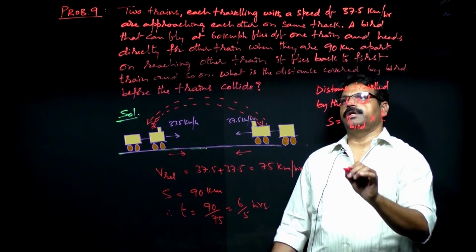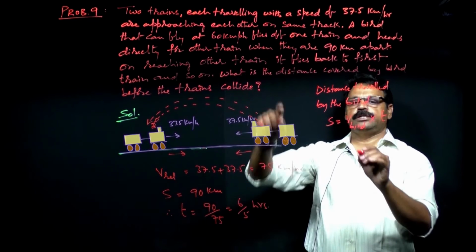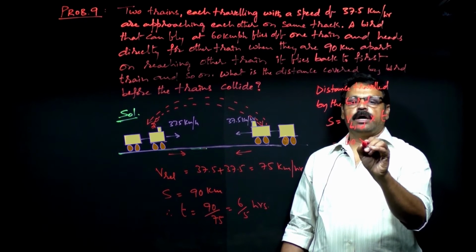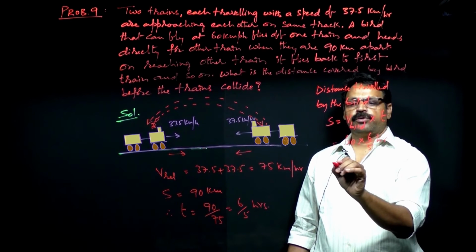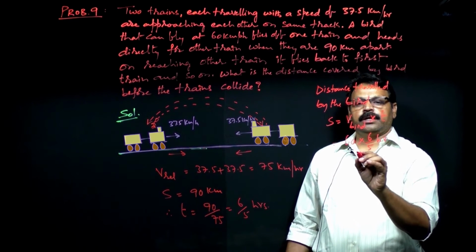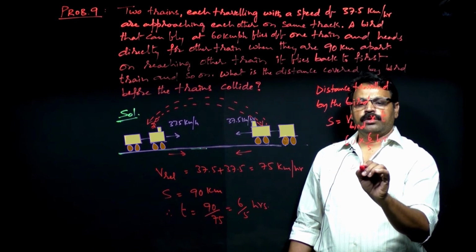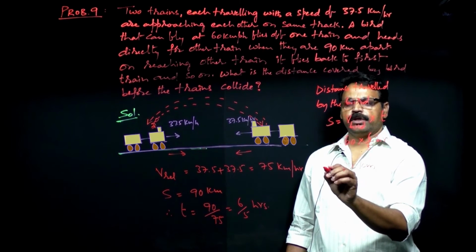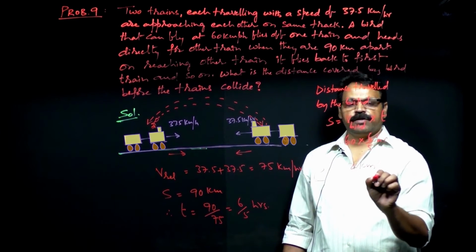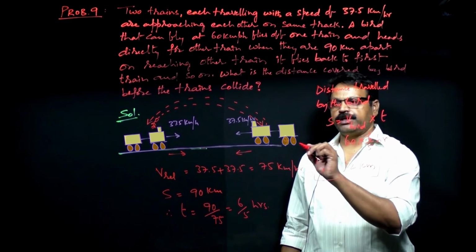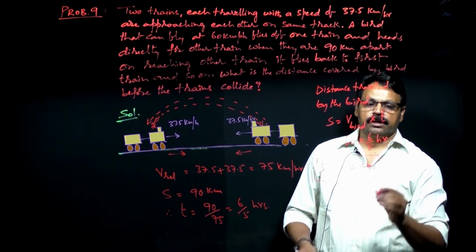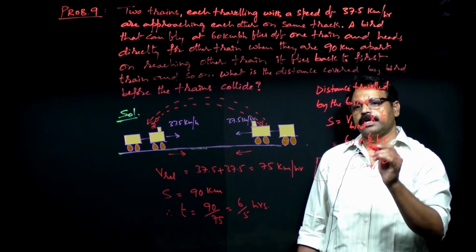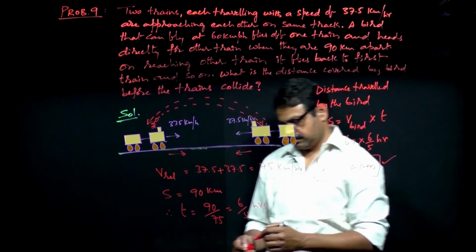The velocity of the bird is 60 km per hour and the time elapsed is 6 by 5 hours. Therefore, it comes out to be 72 kilometers. That means before the collision, the bird travels a distance of 72 kilometers. So this problem is based upon the relativity concept and can be solved in this manner.